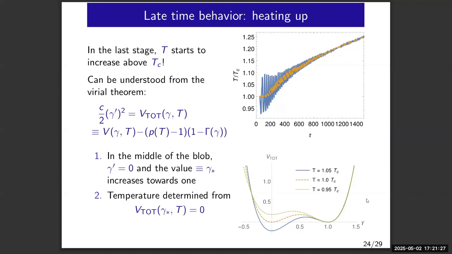And notice that this is a very general argument. I'm just using the virial theorem and the effective potential. So even though it's coming from this complicated simulation, the argument itself is very simple. It looks like it's much more general than our simulation. But there is also decreasing gamma star. Right, so gamma star decreases. You have 2 zeros. You mean this? Yeah, you said that this would be a possibility, right?